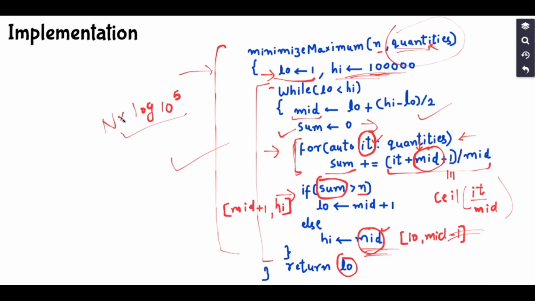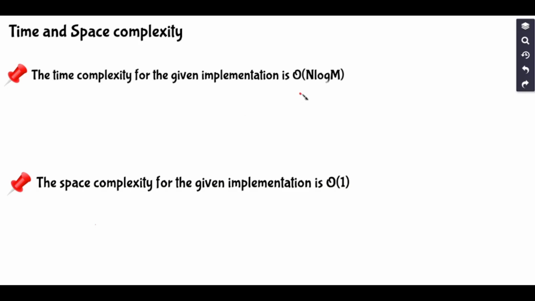So n multiplied by log of this is basically the time complexity, which is equivalent to something like 15n. So that's the time complexity, n log m, let's call it 14n, while the space complexity is constant because I'm not using any extra space to store anything. Fine, so let's jump to the code implementation part.